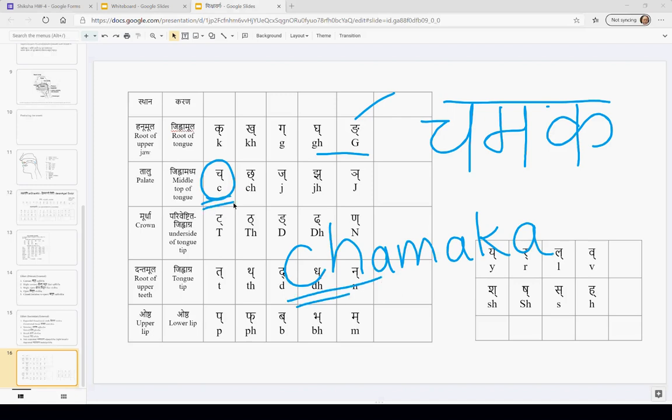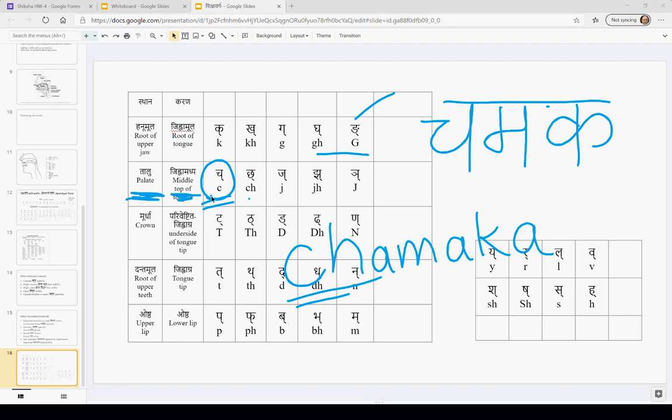Cha, ma, ka. Yeah. Focus on touching this. If your position is right with the articulator right, then the pronunciation will be right. Cha, cha, ma, ka.